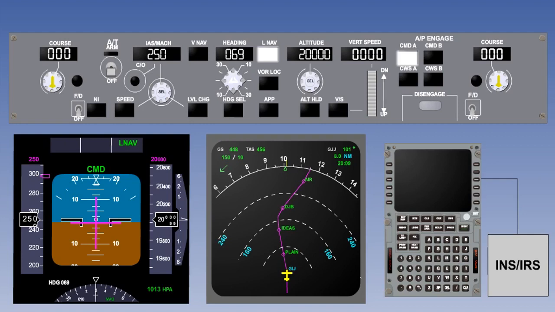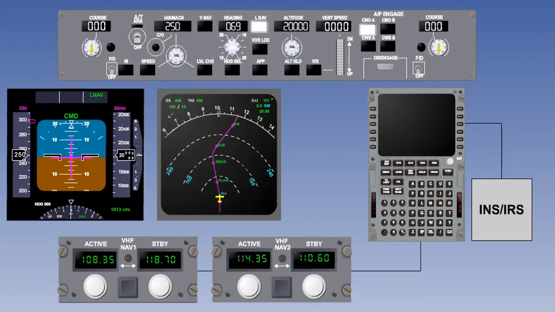So between them, they can provide accurate long-term navigation through a sequence of waypoints, flying the aircraft along great circle tracks, which give the shortest distance between 2 points on a sphere. The advantage being that the system is self-contained and requires no information from outside the aircraft. It can, however, use information from outside the aircraft to check and update its position.